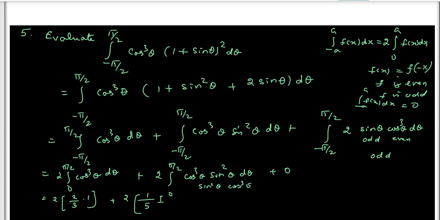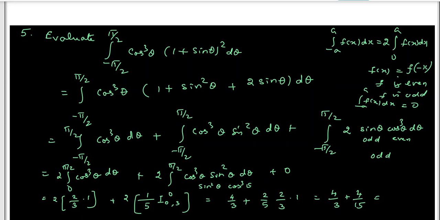We can rewrite in this way. You have reduced the power of this, which is even. So I 0, 3 is what we have. So it is 4 by 3 plus you have 2 by 5. This, when you simplify 3, 2 by 3 comes, so you have 1. So that means you have 4 by 3 plus 4 by 15.